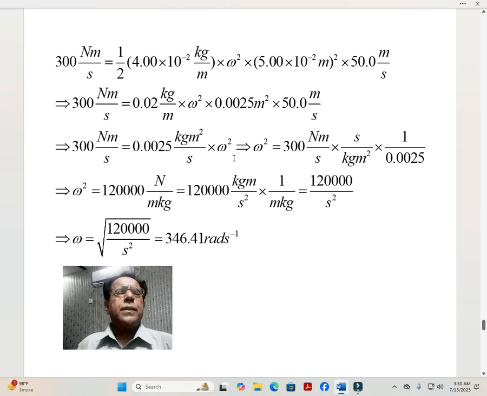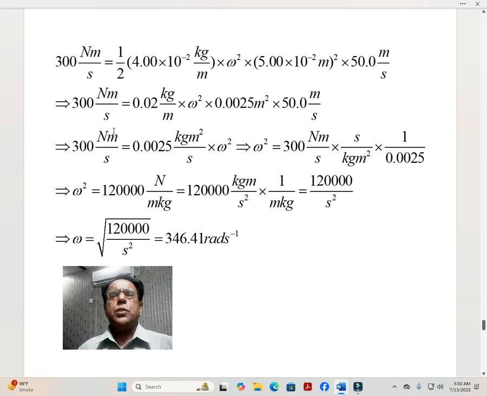This implies that if we keep omega square on one side, then 300 Newton per second is as it is already existing. Now the remaining multiplying factor with omega square will be shifted to the other side of equality, with the property that denominator will become numerator and numerator will become denominator.